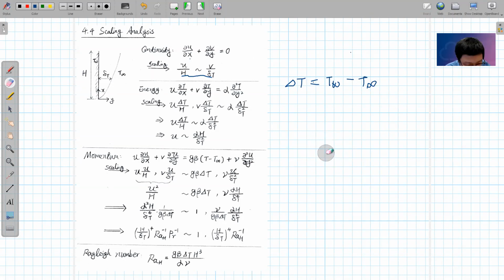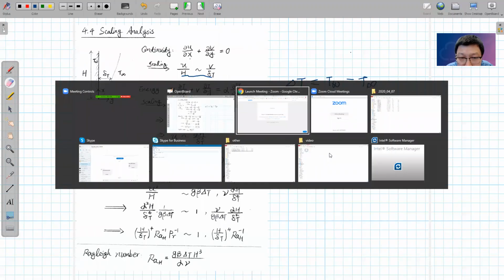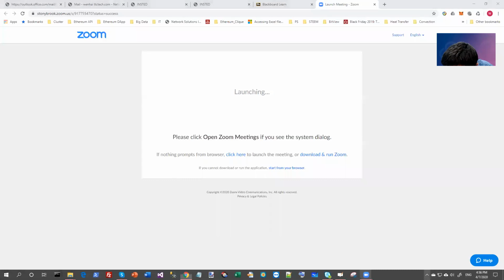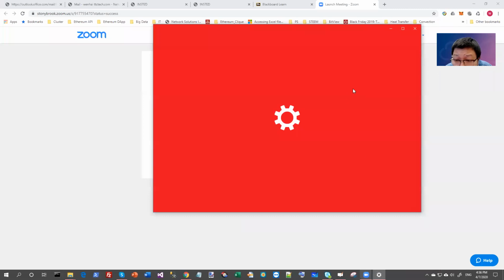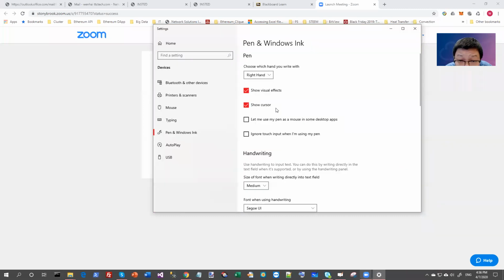Let me try to fix this pen a little bit because I really need to write this thing. Let me check what's wrong here. Bear with me.